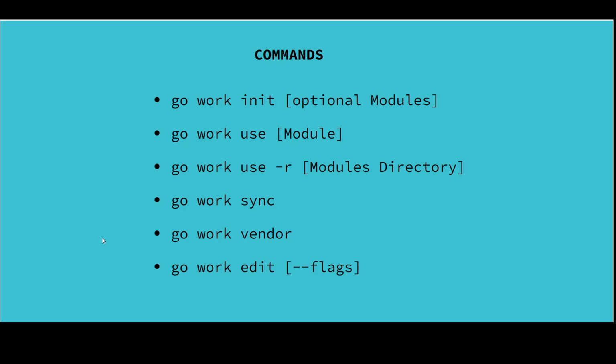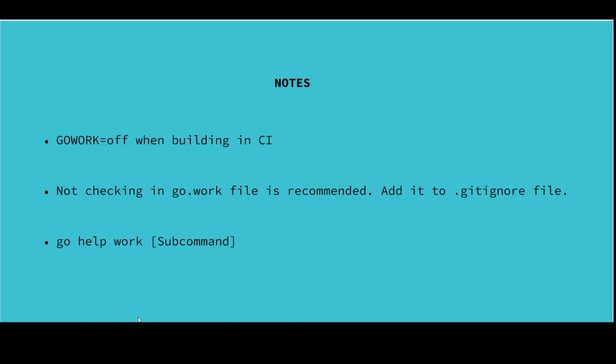You can also use go work edit with flags. I don't use this command. If you want, you can use it like go work edit -fmt. That will format your work file. There are two or three other flags. You can take a look at them, and the way you can take a look at the work subcommands is by typing go help work.